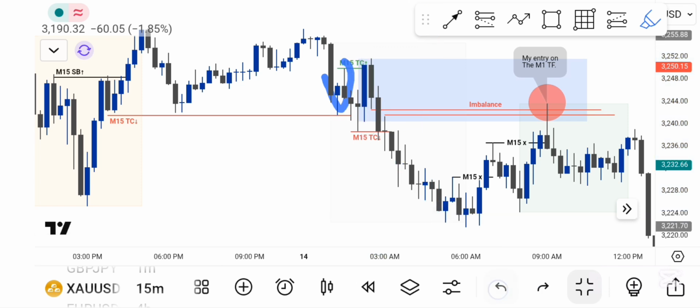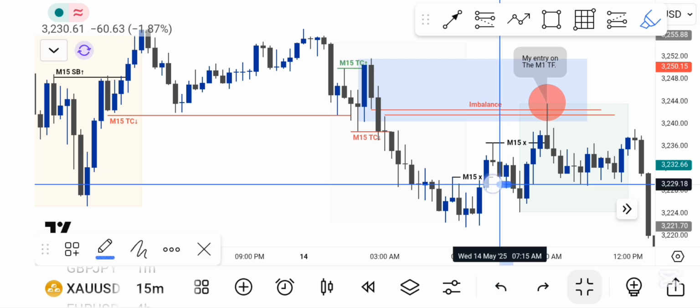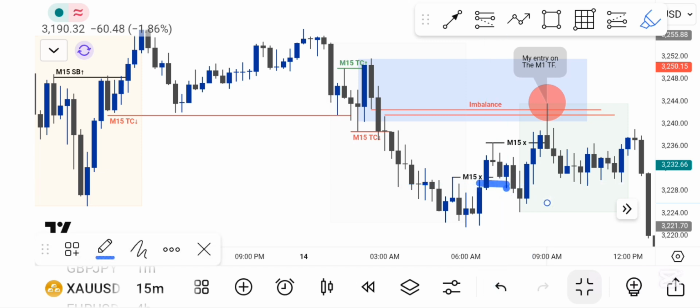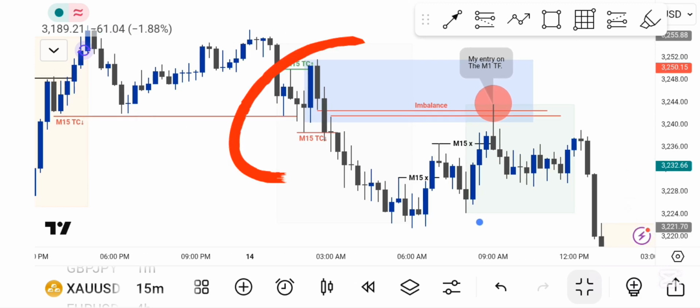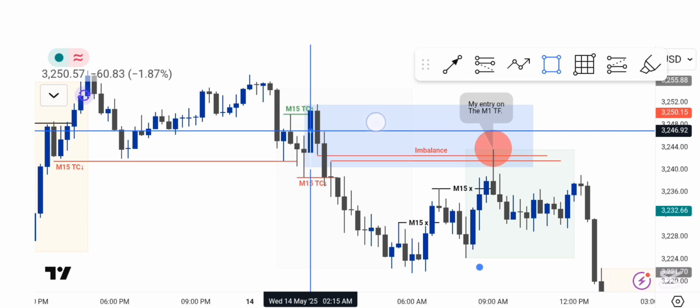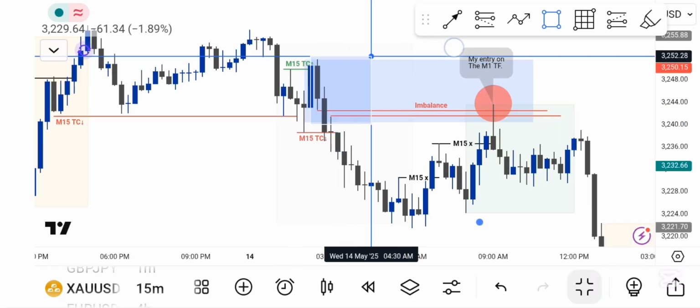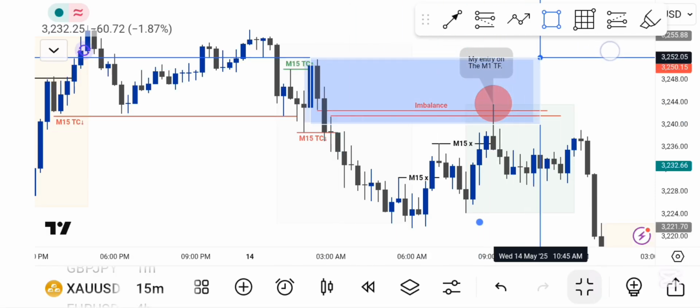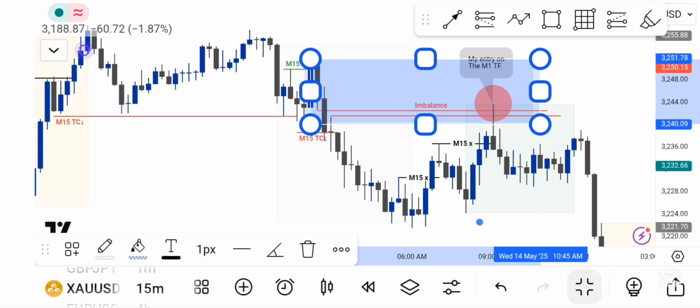So after that shift, what I was then looking for was my supply zone, which was the last bullish candle before this impulse. This bullish candle is my supply zone. Let me paint it red.